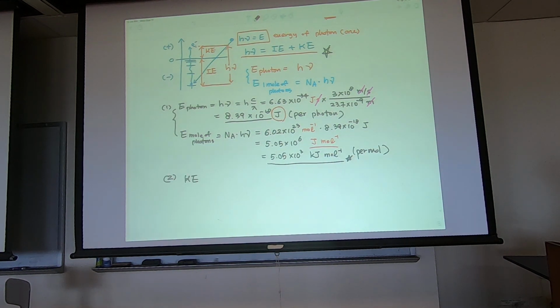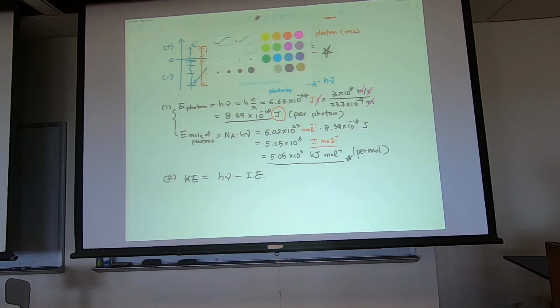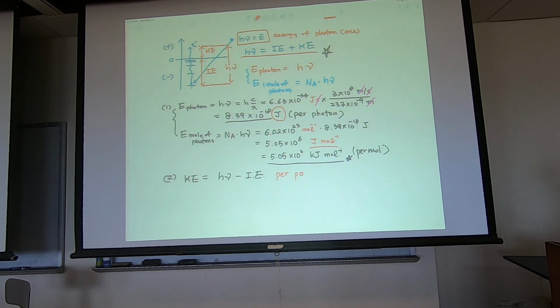So kinetic energy can be written as this: ionization energy. And you have to be careful. I wanted to put an annotation here. This is per particle, for electron kinetic energy.